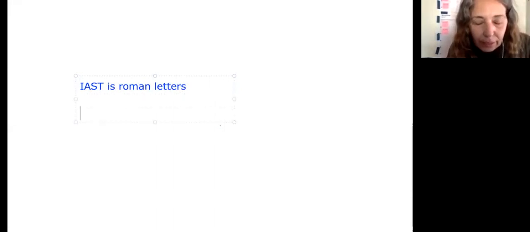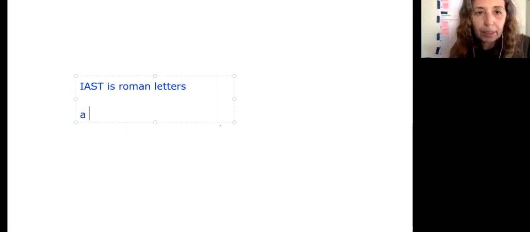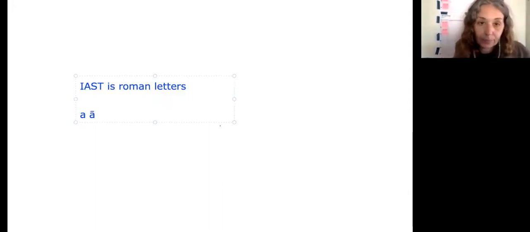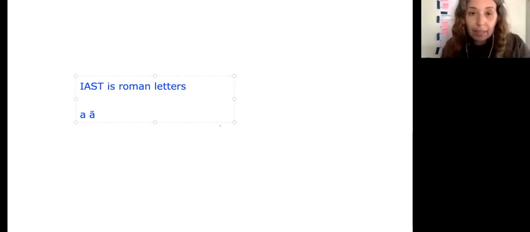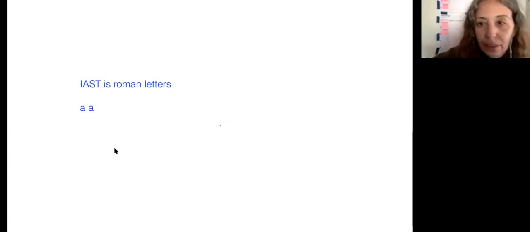And in Devanagari, this letter represents a. This letter is the long A, which also represents a, right? That's because in English, we don't distinguish between a short A and a long A. For us, we write it all as this first A. Can you see that?